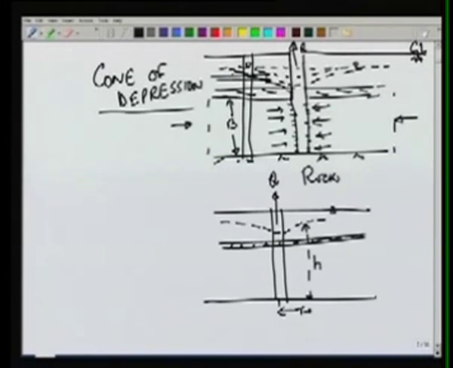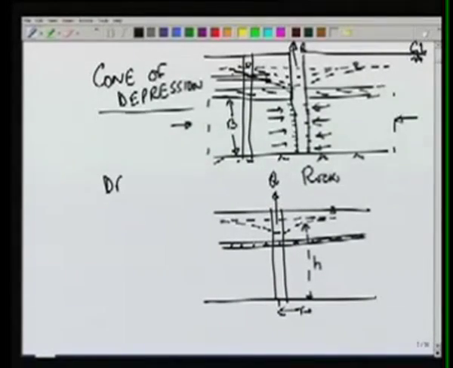Let's say that the head is H. This is the initial piezometer level. The difference between the initial level and the cone of depression at any time is called the drawdown, typically denoted by S.